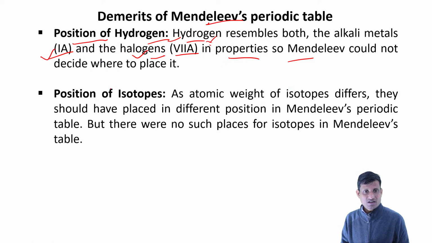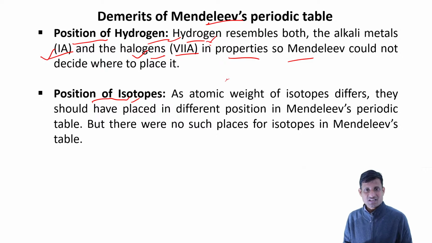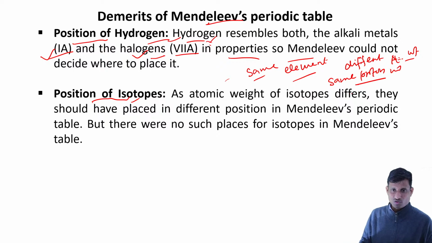So that is the limitation of the Mendeleev periodic table. The second one is the position of isotopes. When we learn about atomic structure, we learn that the same element having different mass, that is different atomic weight, but the same proton number, or atomic number, is called an isotope.